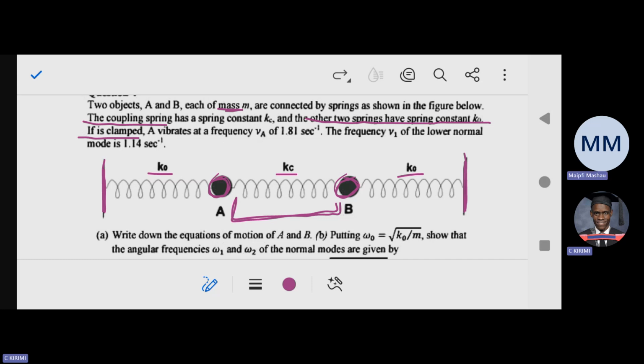1.81 per second. Remember, frequency is equal to what? 1 over what? T. Is that correct? Yes, T. They are always inversely proportional. So this T is a period in seconds.